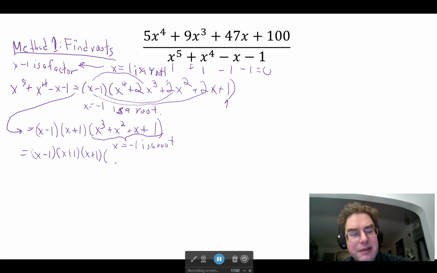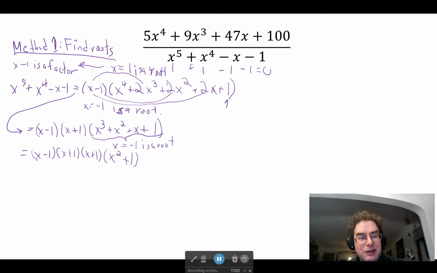And going through that same process again, to get x cubed, we need x squared. We will get a plus x squared, which we already have. And now we need a plus x and a plus 1. Well, just adding a 1 here will give us a plus x and a plus 1 when we FOIL that back out. And so there we go.